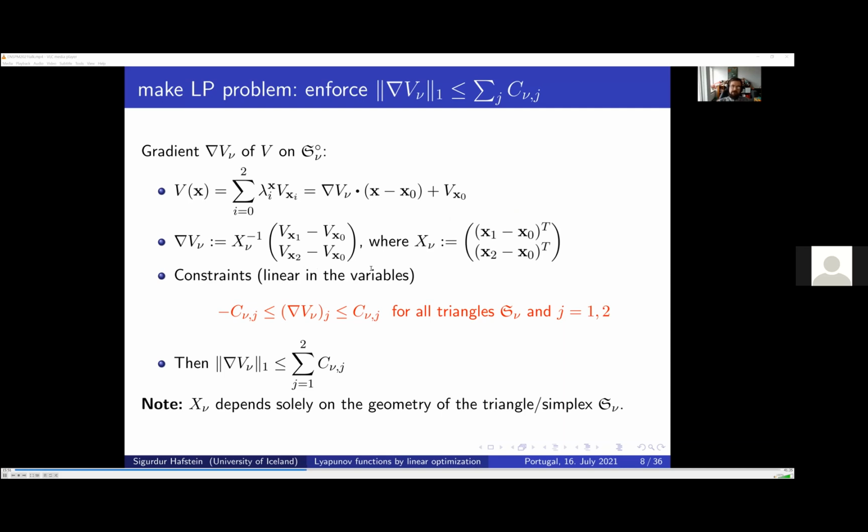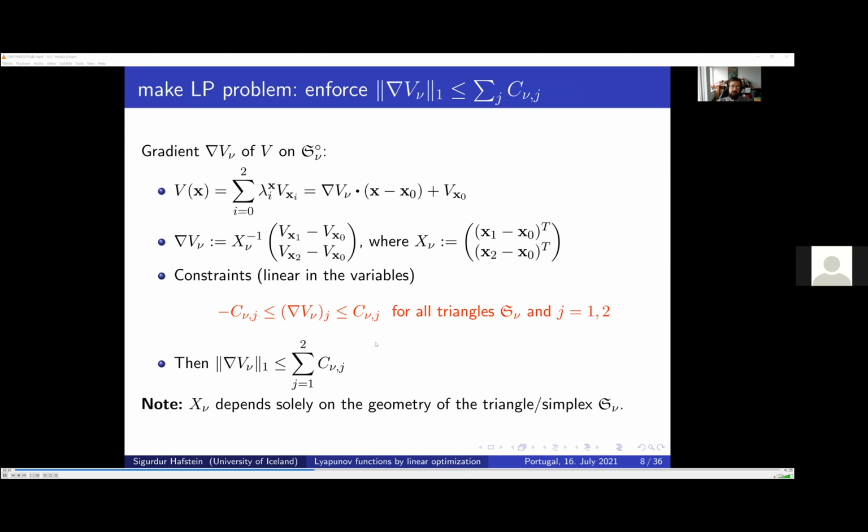And you can imagine how this looks at higher dimensions. We just go with more vertices down. And this matrix here is the inverse of this matrix X_nu, which is gotten simply by writing x1 minus x0 in the first row, x2 minus x0 in the second row, and in higher dimensions, so on.